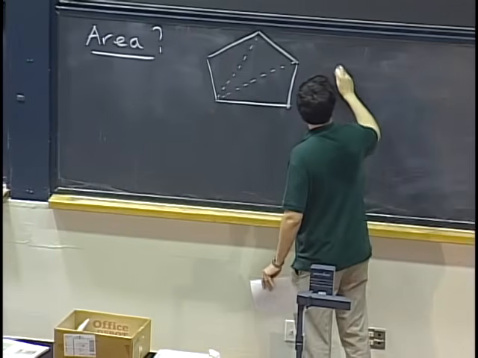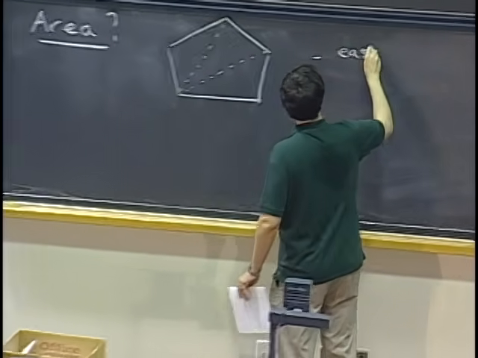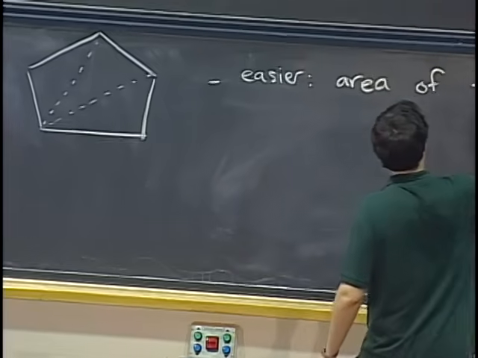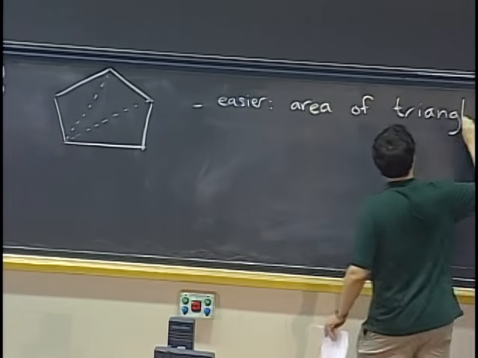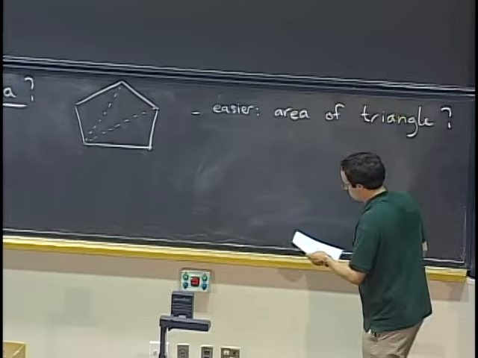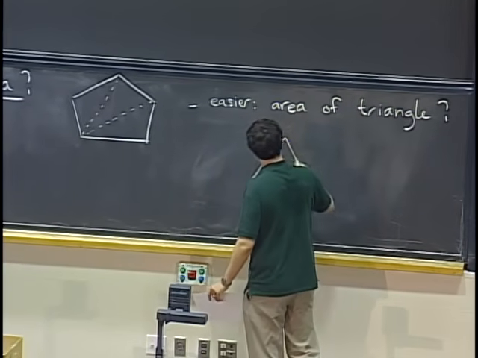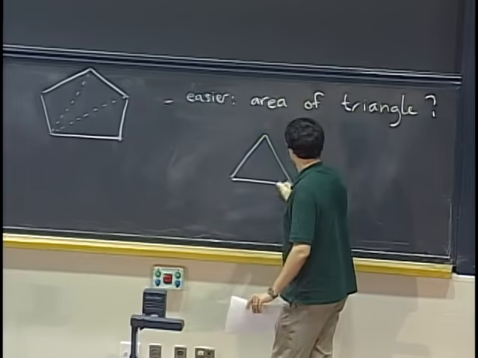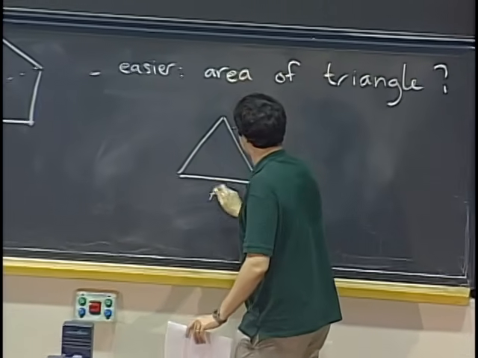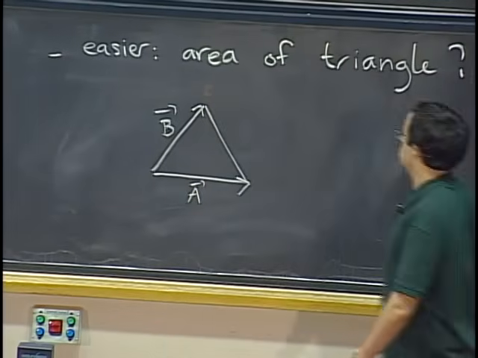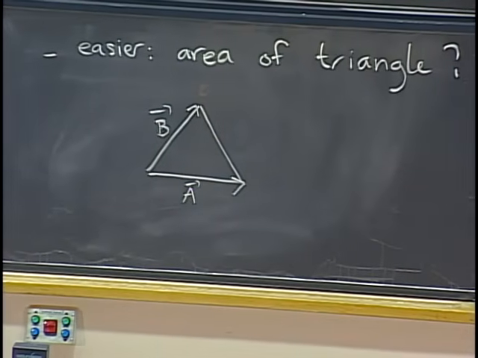OK, so perhaps easier, what's the area of a triangle? So let's start with a triangle in the plane. And, well, then we need 2 vectors to describe it, say A and B here. How do we find the area of a triangle?